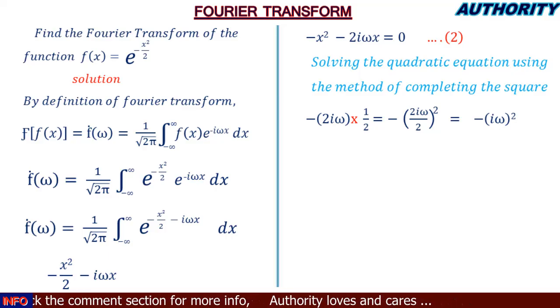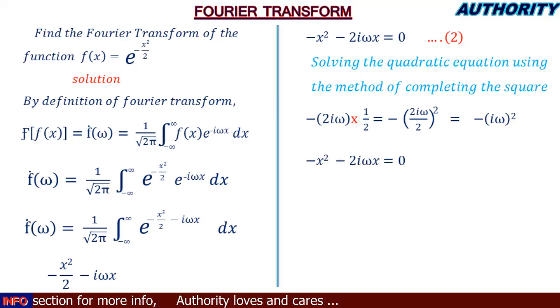So the half of the coefficient of x, squared, add it to both sides of this equation. In this equation 2, it has two sides, right? The right hand side is 0, while the left hand side is minus x squared minus 2i omega x.